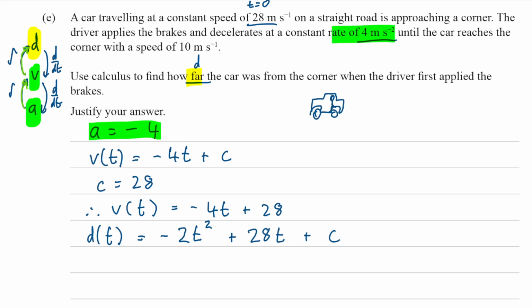You apply the brakes at this line right here. So that's when we start measuring time. It is also when we start measuring the distance. So the initial distance is 0, and then the corner is somewhere over here. So our value for c in this case will be 0.